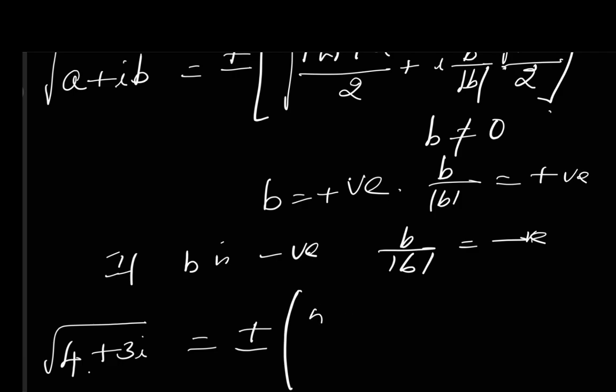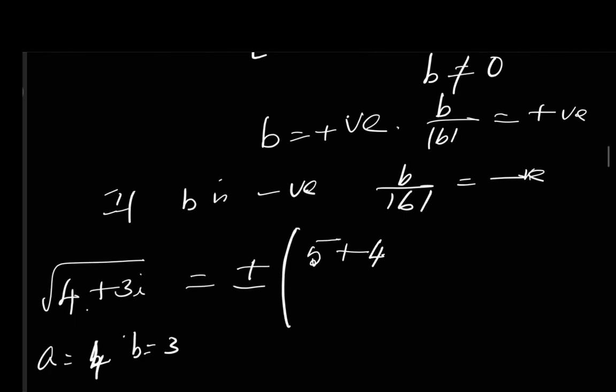So you will get 5. Plus a value is here, real part 4, by 2. Plus i into b by modulus b. If b by modulus b, since b is positive, you can write plus. So no need to substitute the values because this b gets cancelled. We only concentrate on the positive sign.